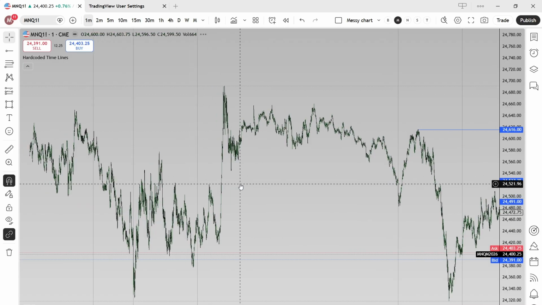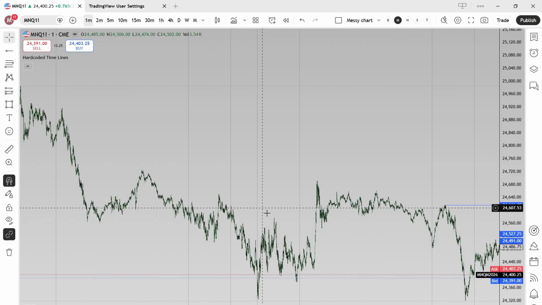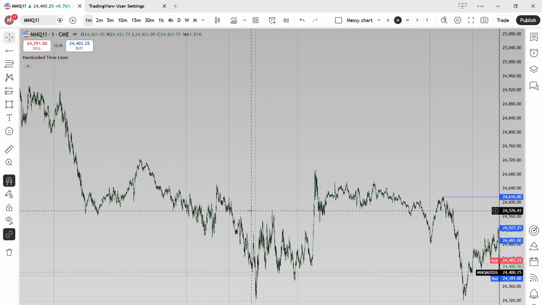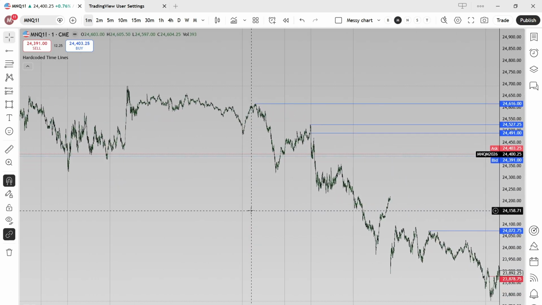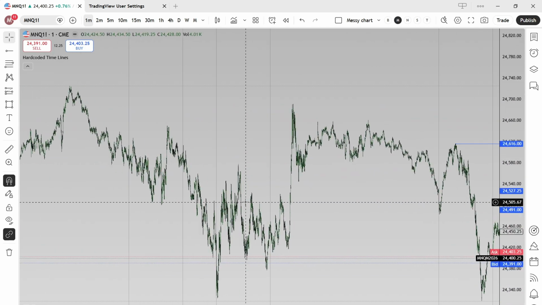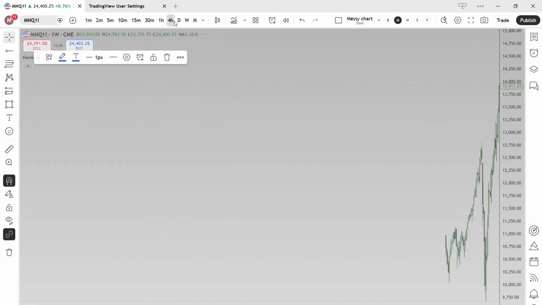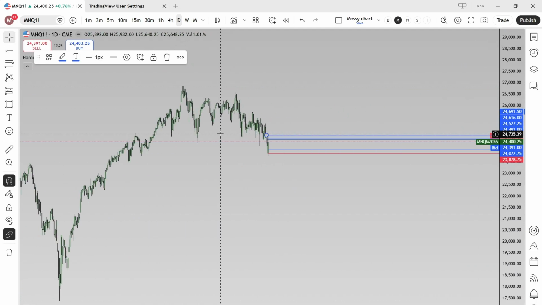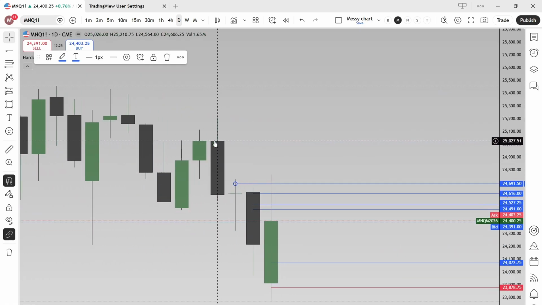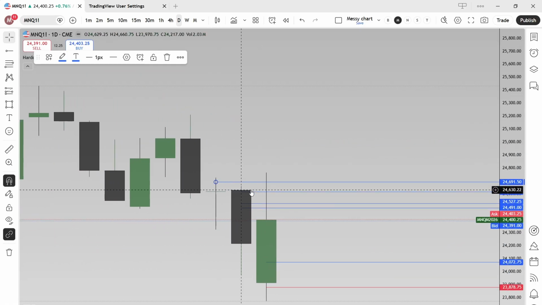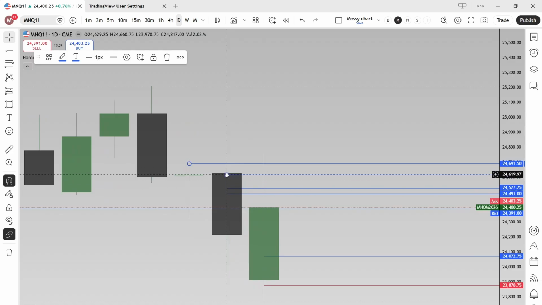And this is a daily high, but I'll just mark it out here. Let's see, this is not a daily high.